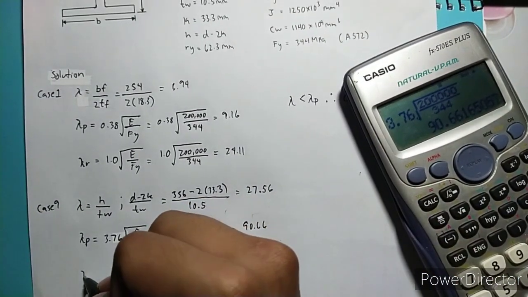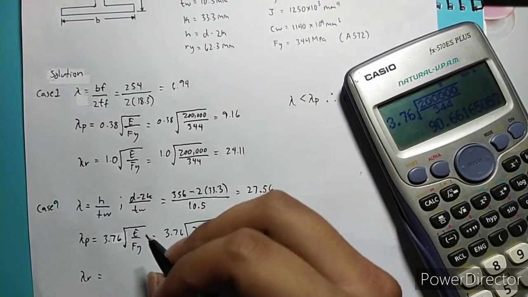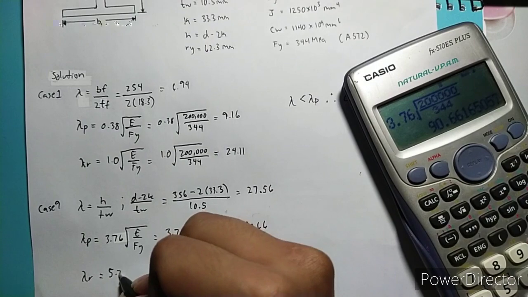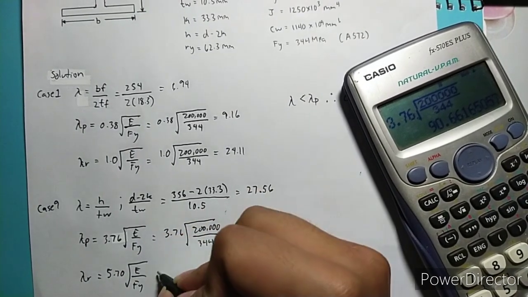And the lambda R for the non-compact limit is equal to 5.70 square root of E over Fy.